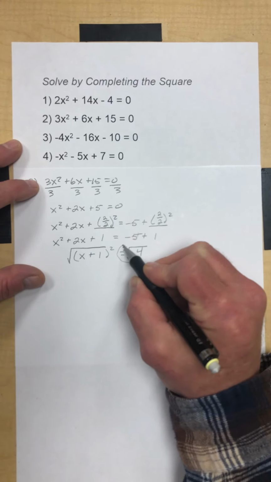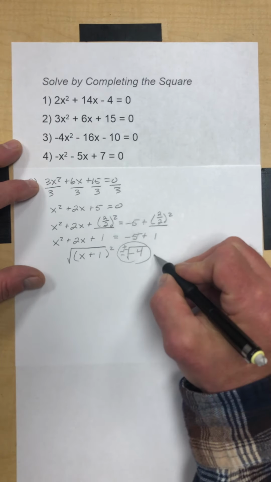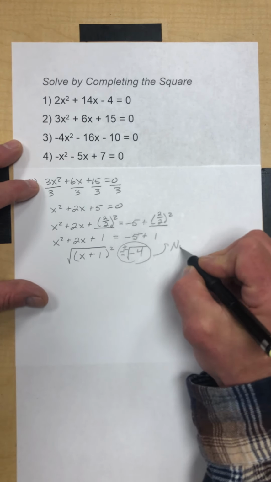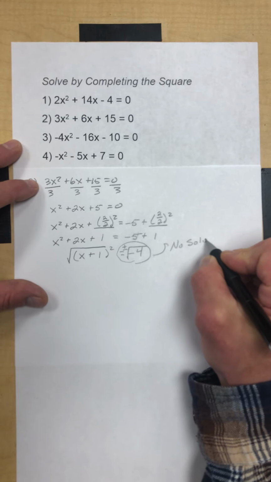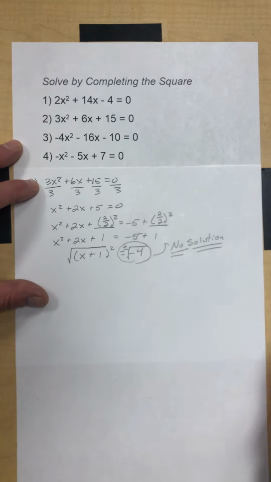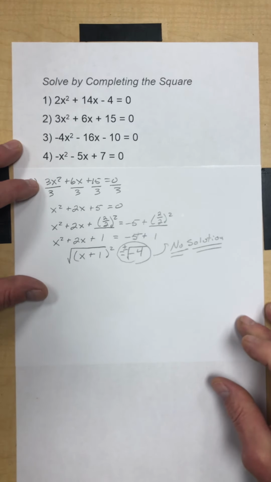We're only working in the real number system, so this means we have no solution, because in the real number system, you can't take the square root of a negative number.